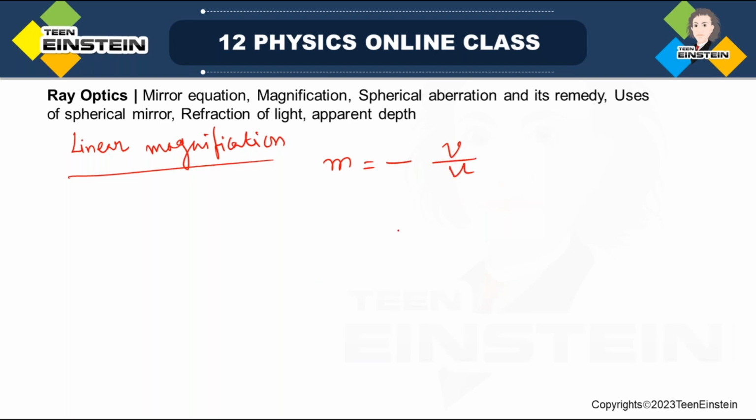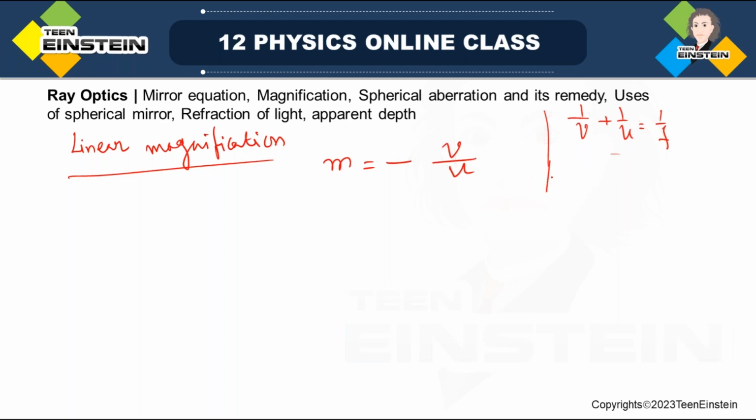Okay, so this magnification can be expressed in terms of, so we know this relationship, right? 1 by v plus 1 by u is equal to 1 by f. I can express this magnification in terms of u and f or in terms of f and v, like that. Okay, let's see how we can do that.